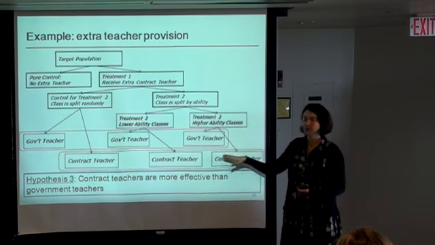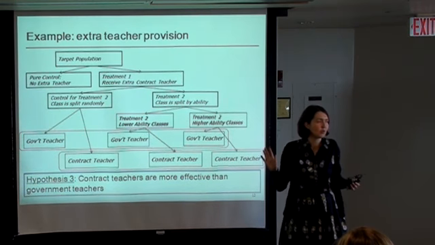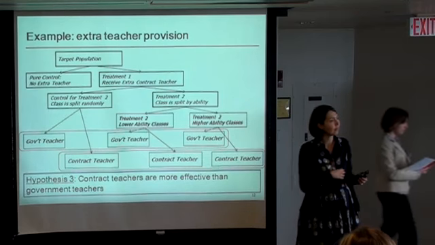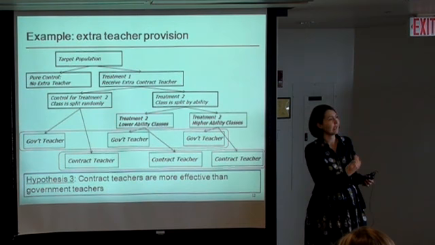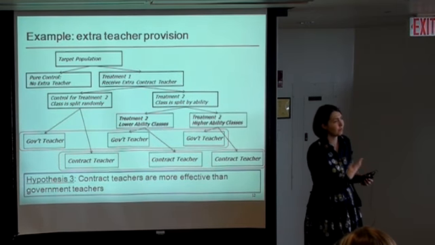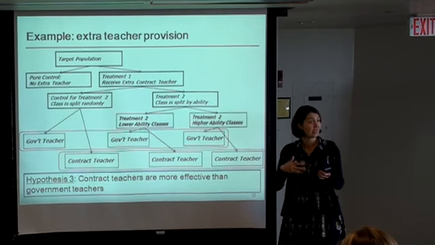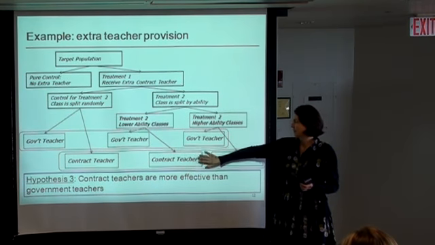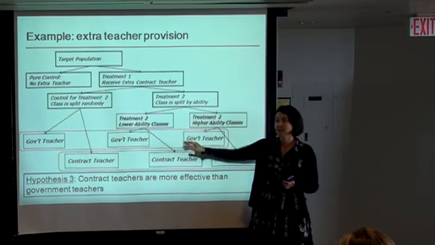But it may also be that they're more local to the area. They may live, or not live because they all live in the area now, but they are originally from that community, and that may make them more responsive to the needs of the community. So it's not just that they can be fired, it's that they know people in the community and they're more responsive. So that's potentially part of the reason for why this is different from this.